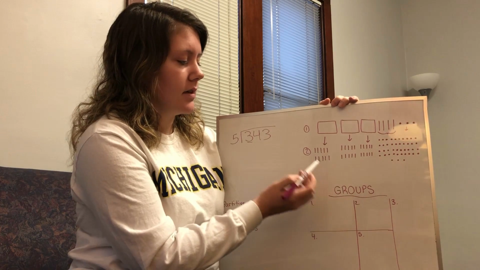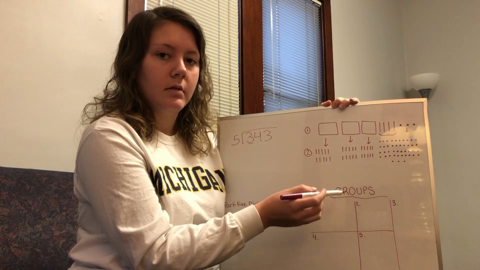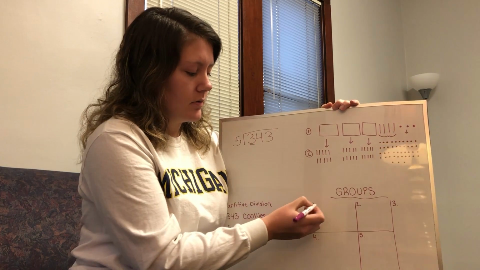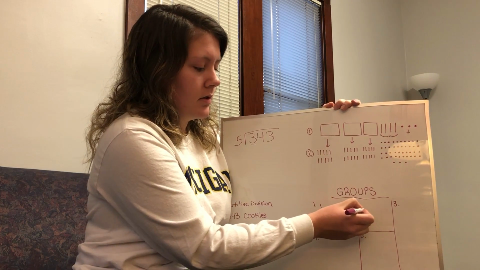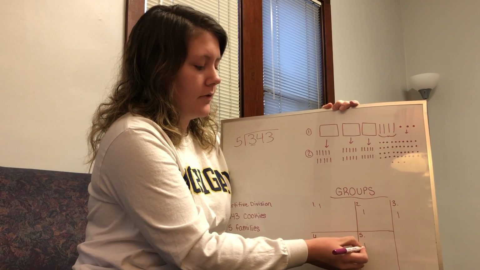So in each box, I'm going to put a 10 until we run out, or we don't have enough for 5 groups. So we're going to start off with 1, 2, 3, 4, 5.